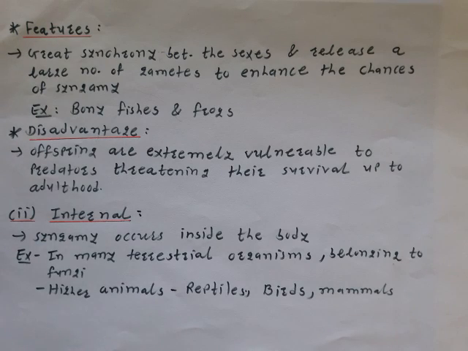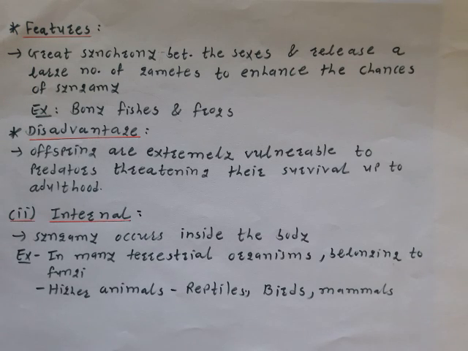Some features of external fertilization. These organisms show great synchrony between the sexes, male and female. They release a large number of gametes to enhance the chances of syngamy, as there is also wastage of gametes. Bony fishes and frogs are organisms which show these features.